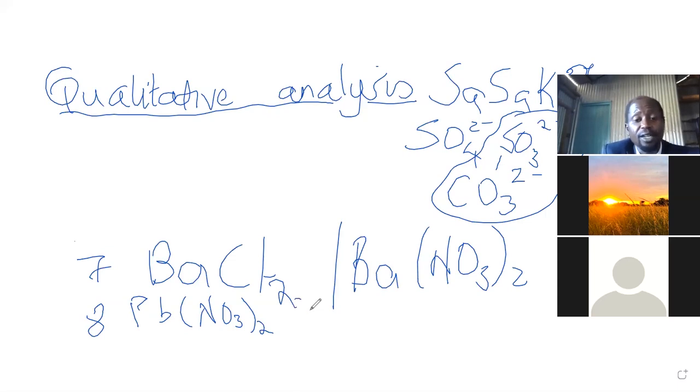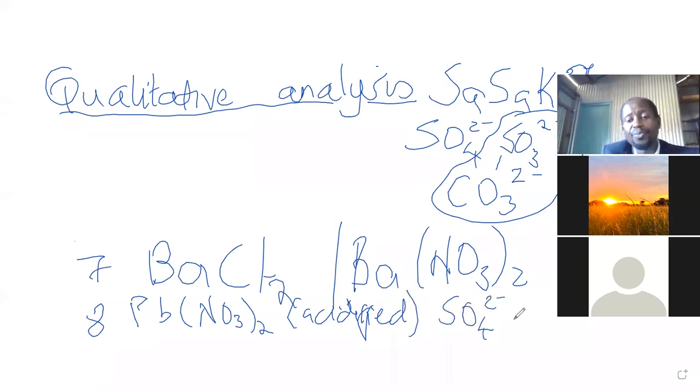When it is acidified, it only tests for sulfate ions, chloride and bromide. This is an emerging issue from KCSE 2019. That bromide also is tested using lead 2 nitrate and behaves the same as chloride ion.